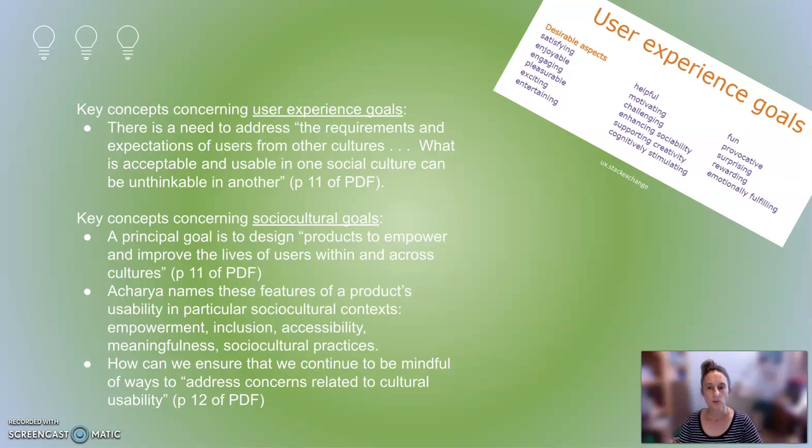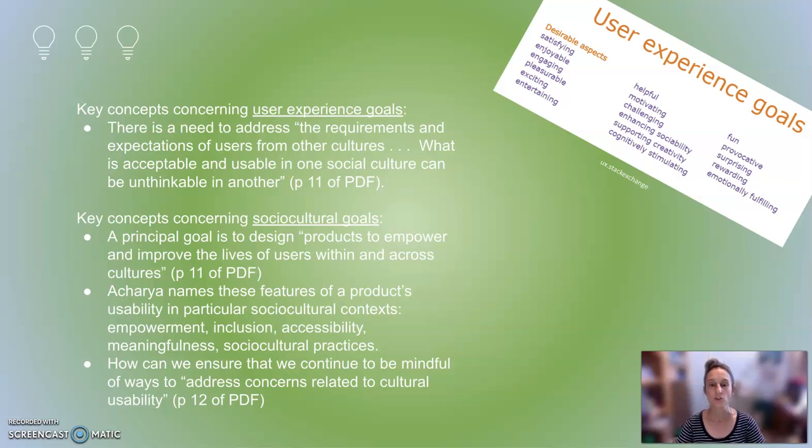So key concepts concerning sociocultural goals are as follows. A principal goal is to design products to empower and improve the lives of users within and across cultures. That concept of empowering, improving the lives of users, I think wasn't necessarily imbued throughout a design process historically, but that is something that we really prioritize now.